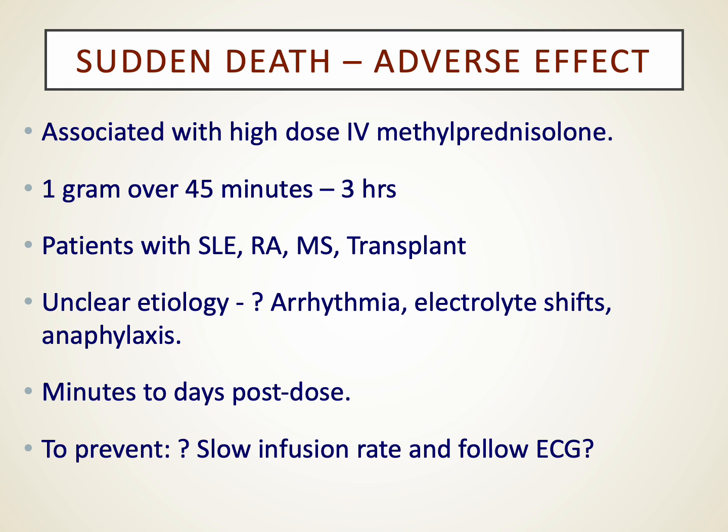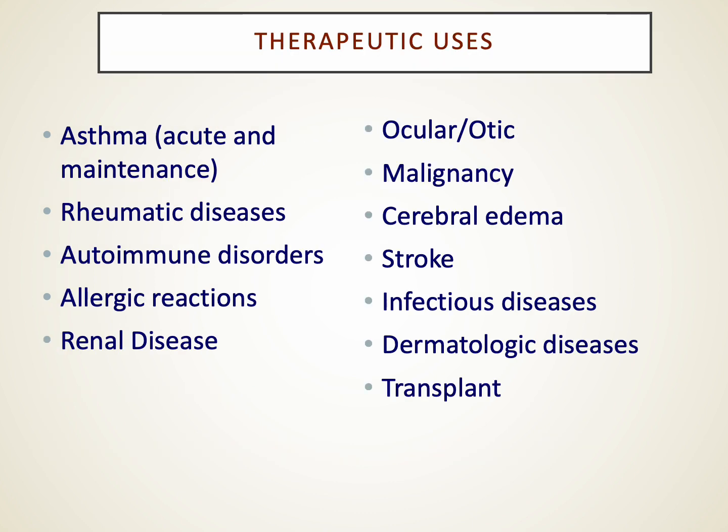But we see fluid and electrolyte changes with the mineralocorticoid effects and increased risk for sudden cardiac death. So if these patients have to receive big doses of corticosteroids IV rapidly, we often put them on telemetry. We use a lot of corticosteroids for a lot of indications. In pulmonary, typically it's a mainstay of asthma, but we also see it used in COPD.